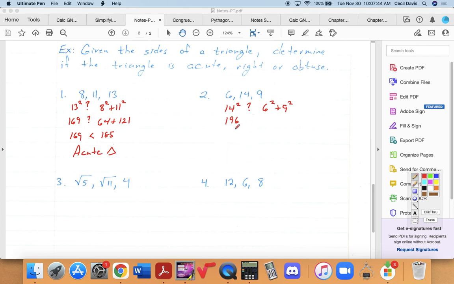I always remember that because this one's 169 and that's 196, and they're right next to one another. Compared to 6 squared, 36, 9 squared, 81. That's 117. That's 196. Big side's too big, so this is obtuse.